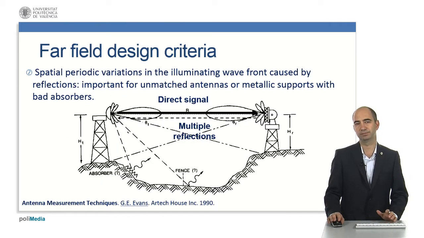The second criterion. In far field, you are supposed to be in an open area. You cannot have any reflections from anywhere. You have to avoid reflection from the environment, here or here, placing observers or placing fences or whatever, but also you have to avoid multiple reflections between both antennas, antenna under test and antenna probe.